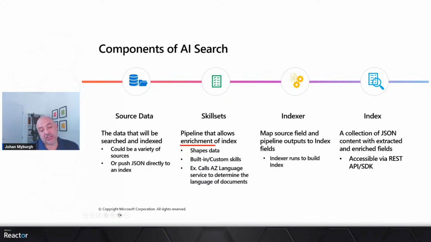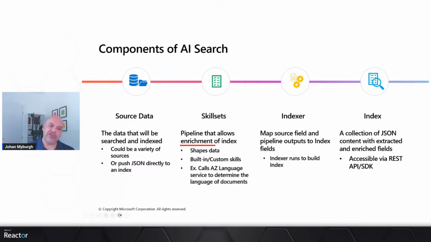It might extract some additional metadata out of that. A good example of this is the ability to call into Azure AI services and let Azure AI services check what language the document is in, or OCR some images, for example, right? And there's a variety of them. We'll touch on those a little bit later on.